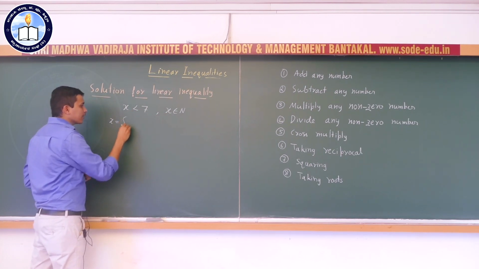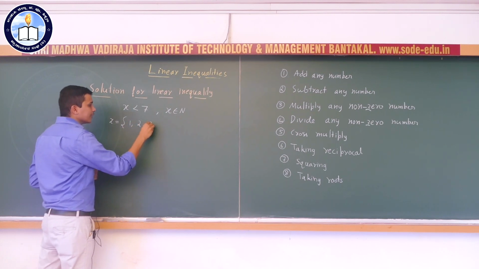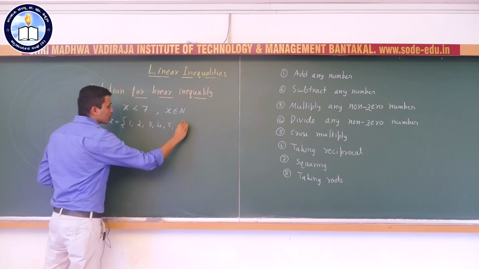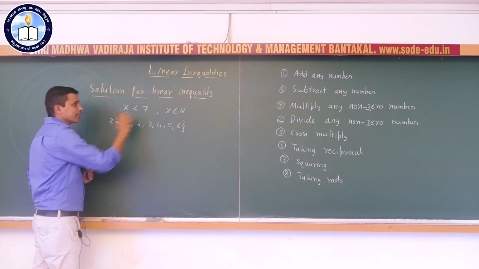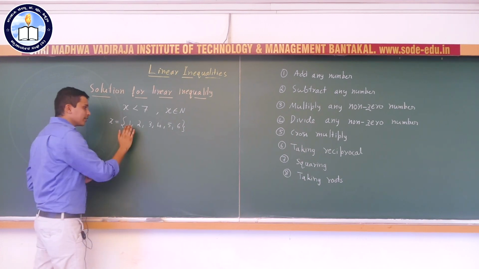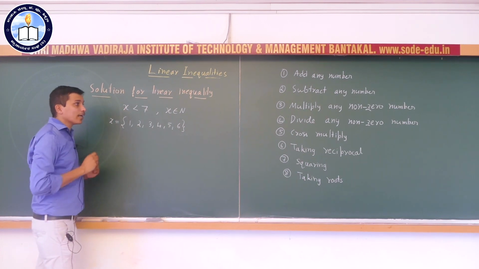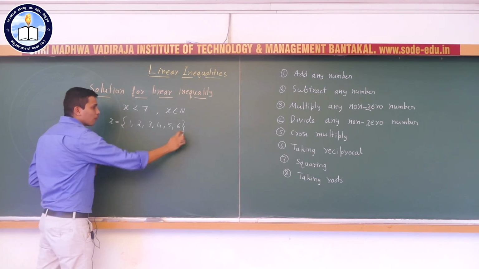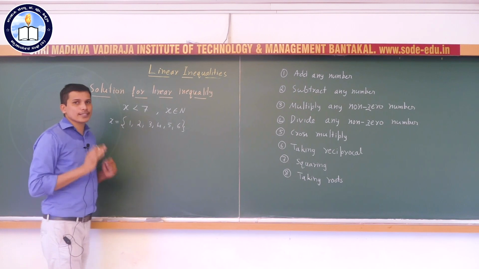So it comes as 1, 2, 3, 4, 5 and 6, right? These are the solutions of this inequality, because they satisfy it and make this inequality a true statement. And this set of solutions we call the solution set.